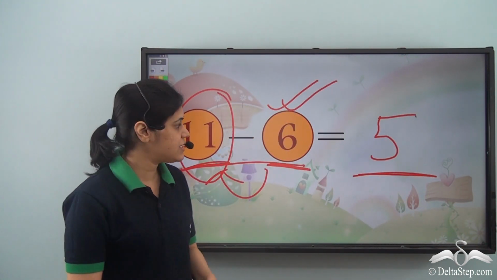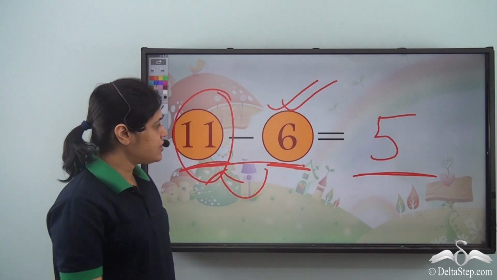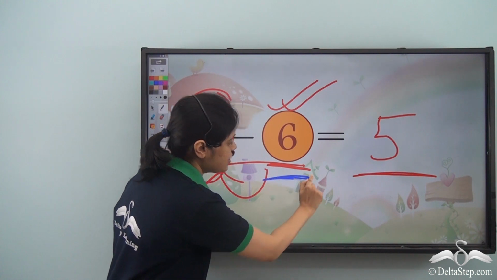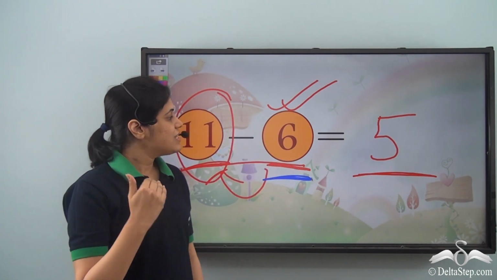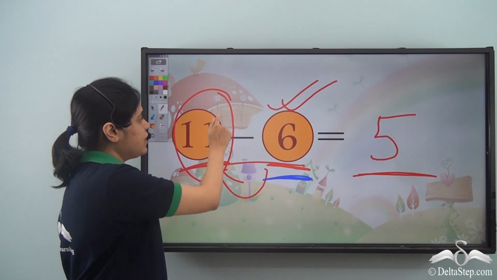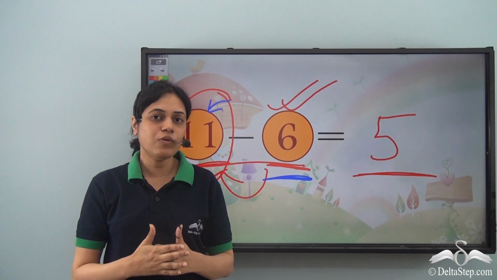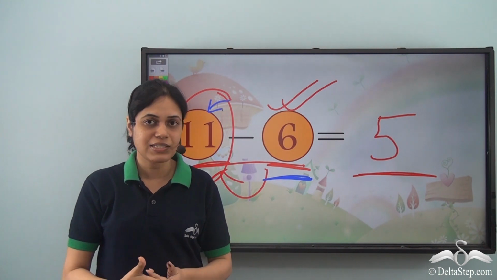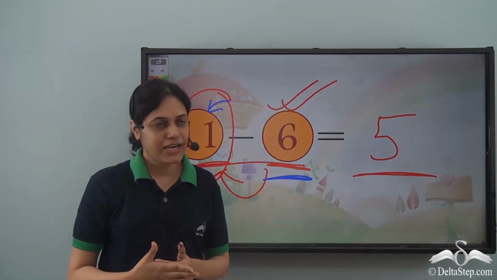So in this case, there are two things to note. One is we start from the second number and not the first number. Second is we go till 11 and count the number of finger marks we have used to reach 11, right?